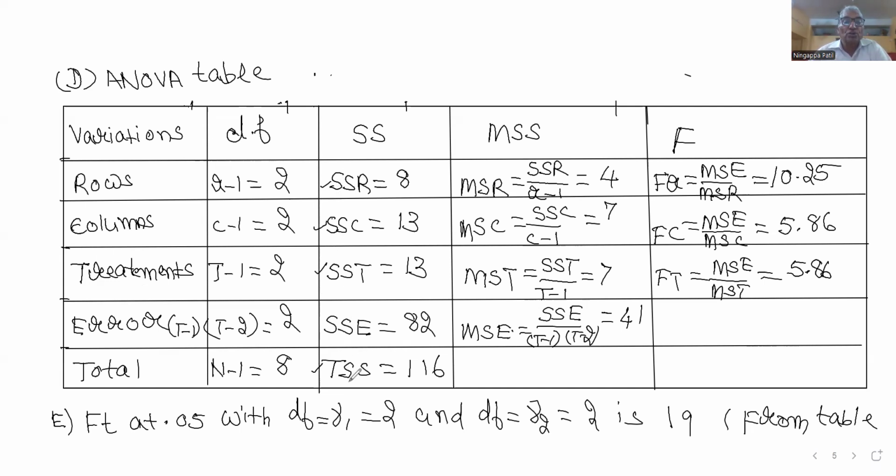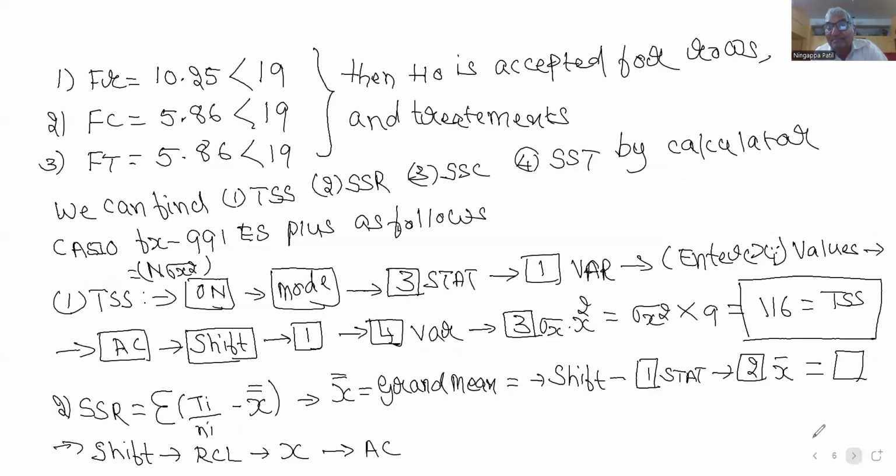The sum of all these 4 equals TSS, and TSS minus these 3 things equals the remaining one. Now, we can find TSS, SSR, SSC, SST by the Casio FX-991ES Plus as follows.